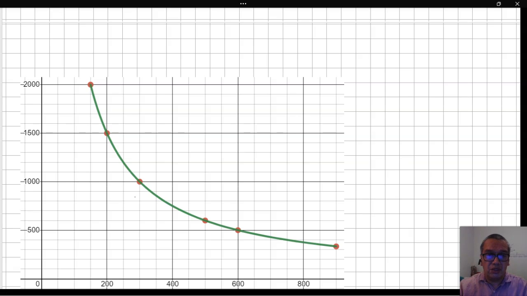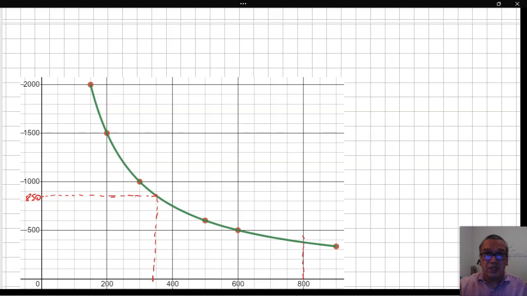If the frequency is 350 kilohertz, which is approximately here, you can use this graph to find the value to be around 850 meters.